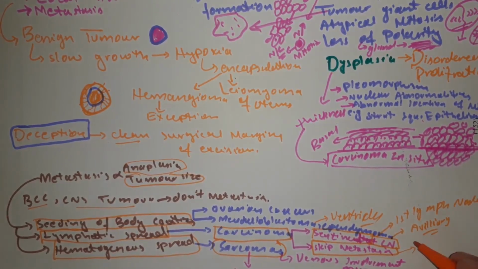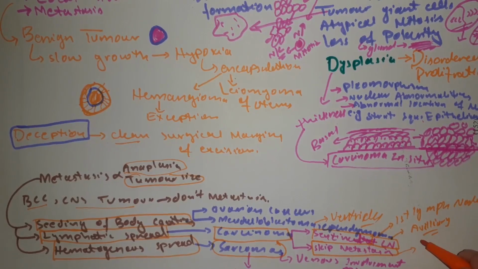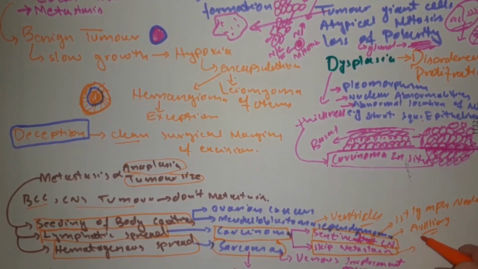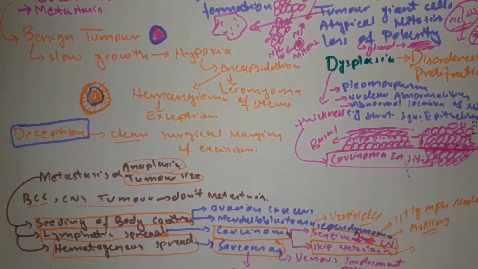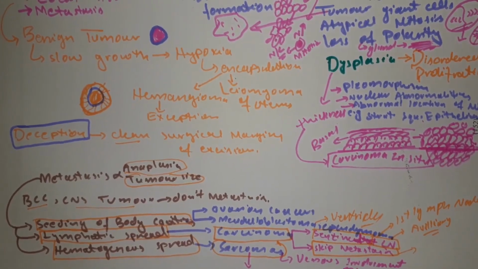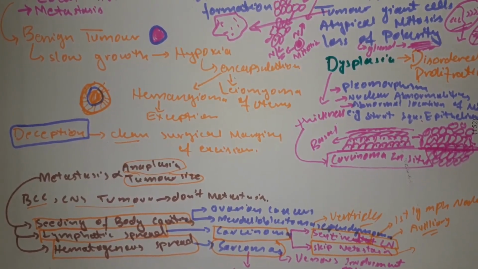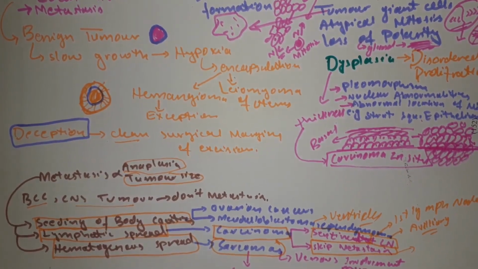It is not always true that the lymph nodes draining a particular site of cancer will be increased in size due to metastasis. Sometimes they may be increased as a result of an inflammatory reaction due to cancer antigens or cancerous debris coming into the lymph nodes.